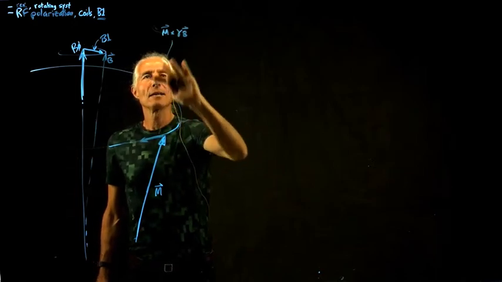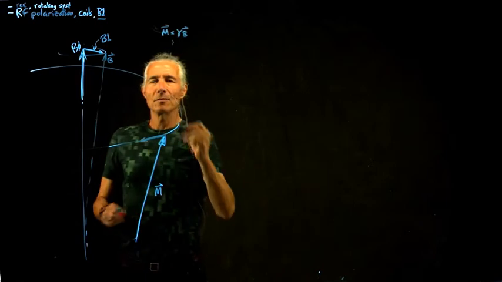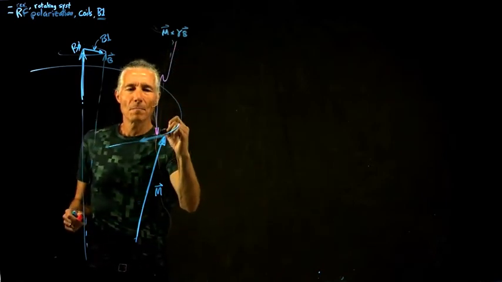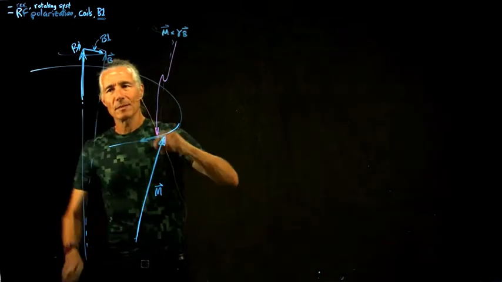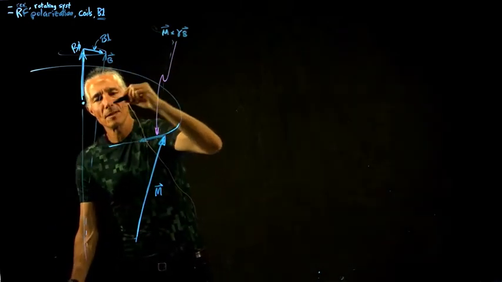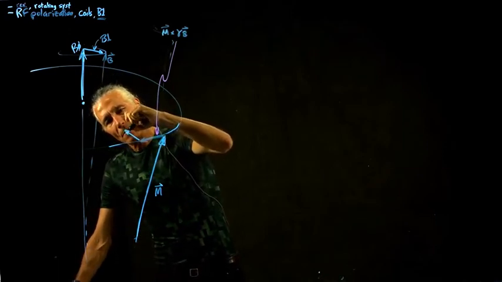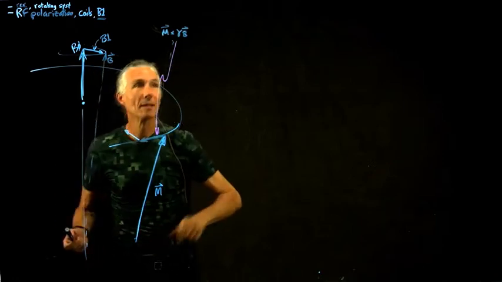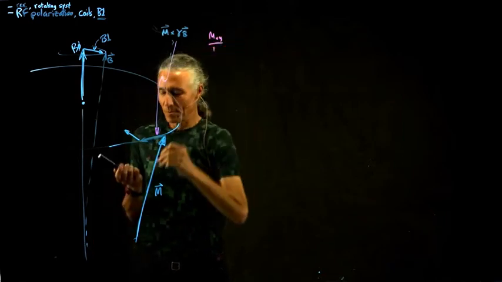And then we had a T2 decay part. The T2 decay part was perpendicular to that, and it was heading toward the center of the circle. So there was another component, and that component came from the M_XY over T2.